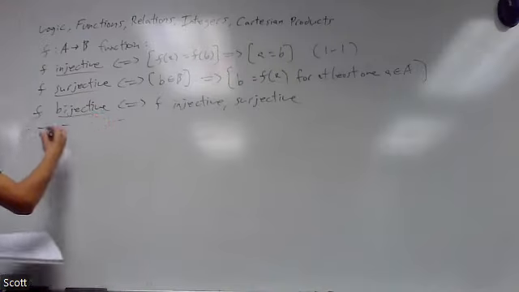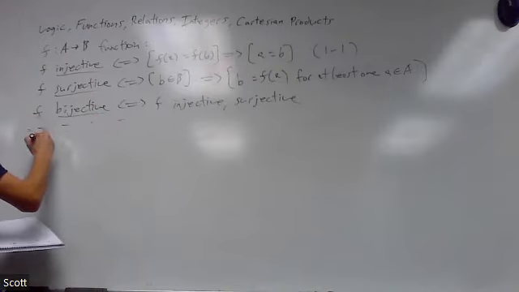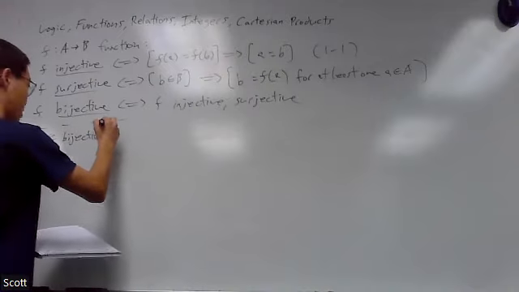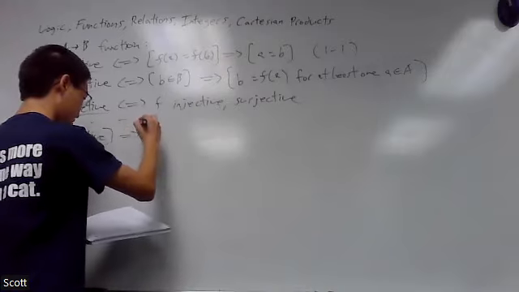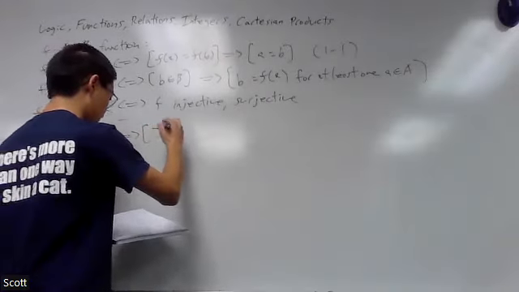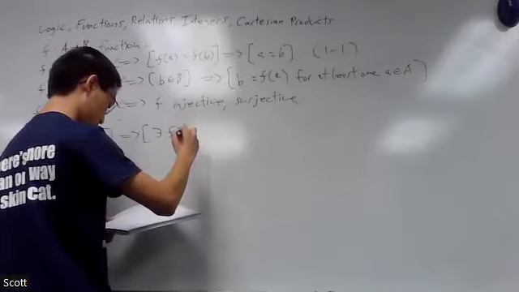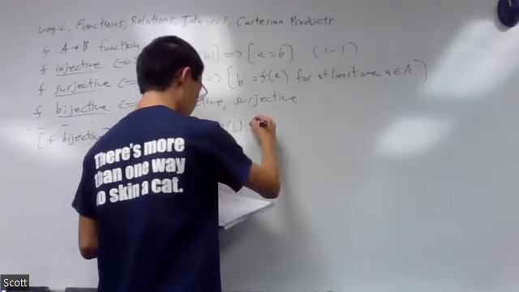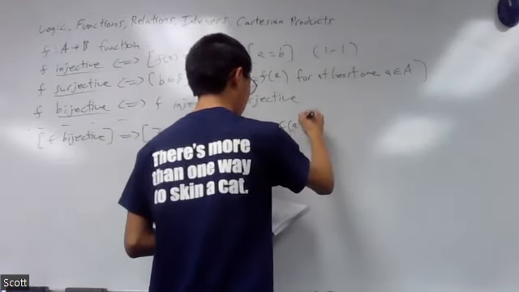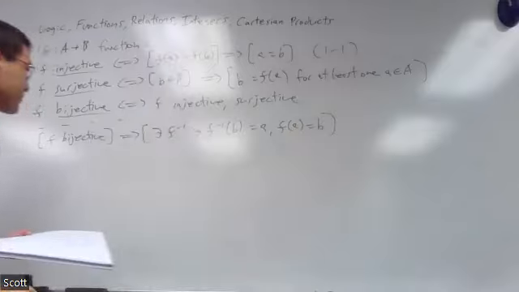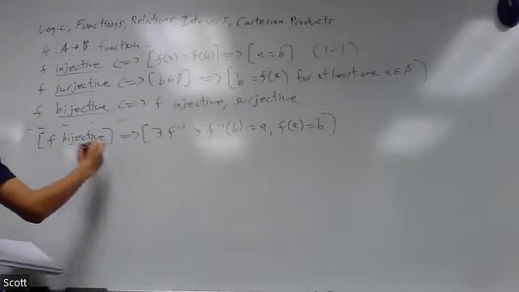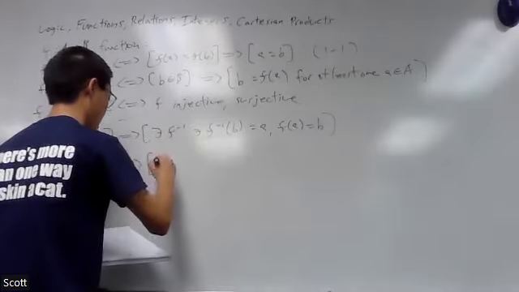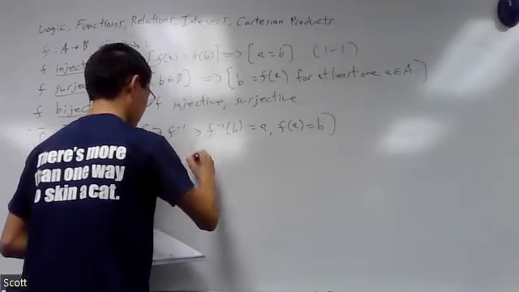So kind of these restatements, we can have that the statement F bijective, and this is going to be important for understanding inverse functions, is going to imply that there exists an inverse function such that the inverse of an element B gives back A, where F of A was defined to be B. And also, if F is bijective, that also is going to imply, more trivially, that the inverse is bijective.